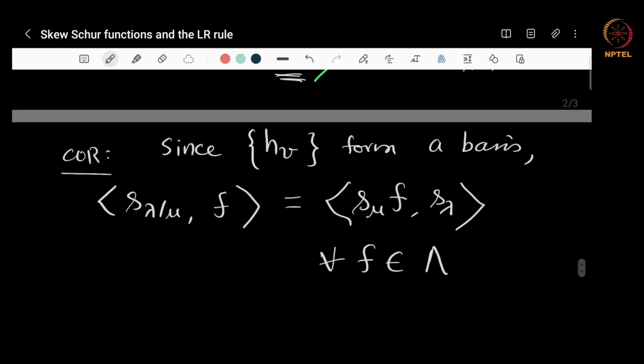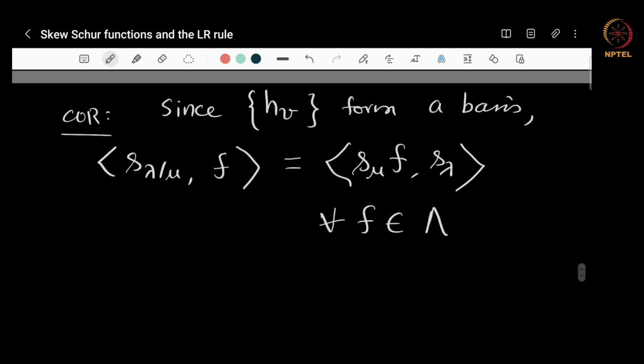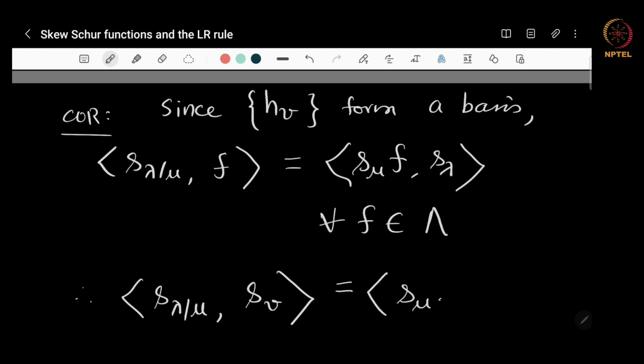Okay, good. So what does that tell me? In particular, it says that if I want to compute, therefore, I will replace f by a Schur function, then this is just S mu S nu, comma, S lambda. Okay.